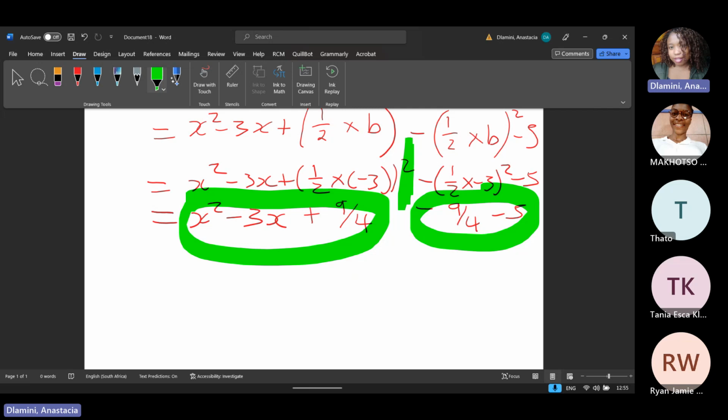On the right of the line, do you agree it's x squared minus 3x plus 9 over 4? Yes, ma'am. And on the left of the line is minus 9 over 4 minus 5. Then I want you to factorize this part here. What do you get?